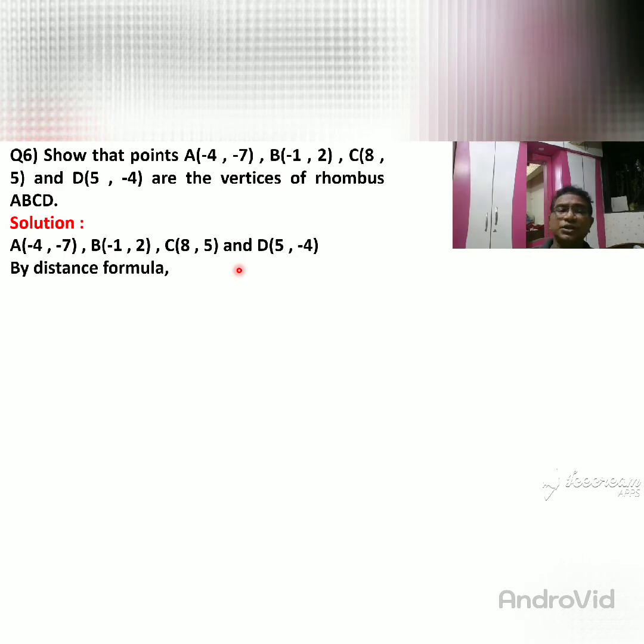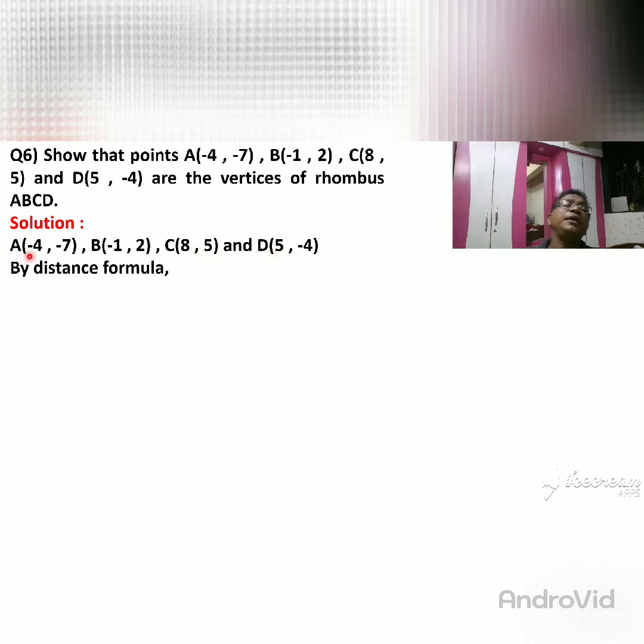So you are using the distance formula. Let me first explain. When you take AB, you consider this x1, this y1, this x2, this y2. When you take BC, then this is x1, y1, x2, y2.